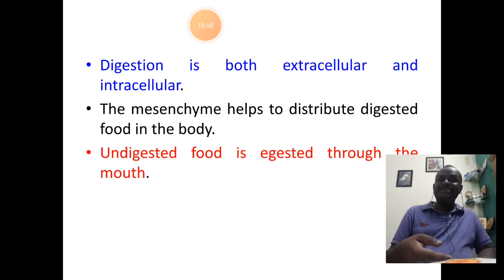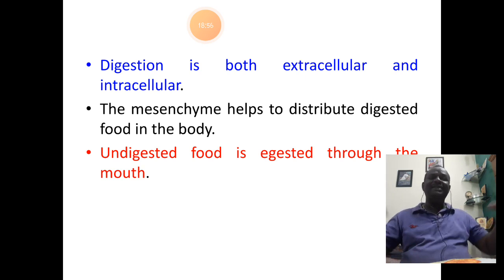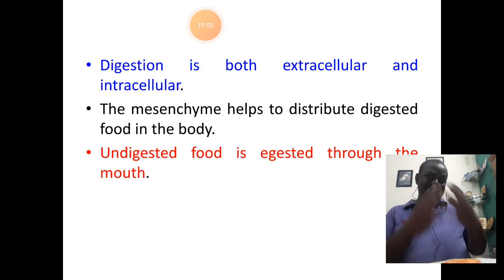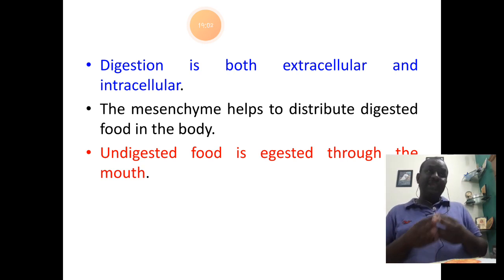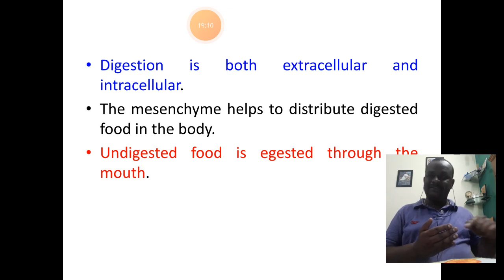And these mesenchyme cells are responsible for the distribution of the digested food to the body, and they further supply energy to the neighboring cells. Now, whatever undigested food is left out is in the digestive canal, not in the mesenchyme cells. In mesenchyme cells, the end products are called excretory waste.